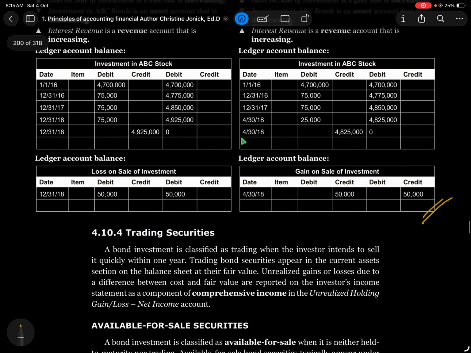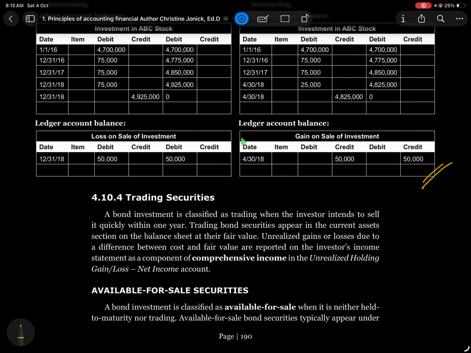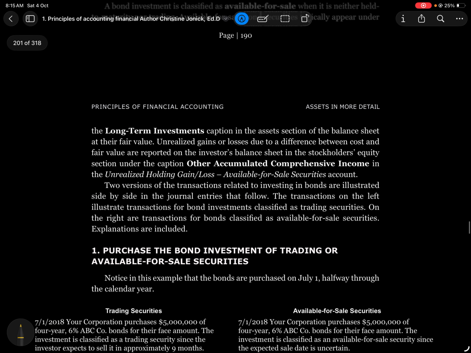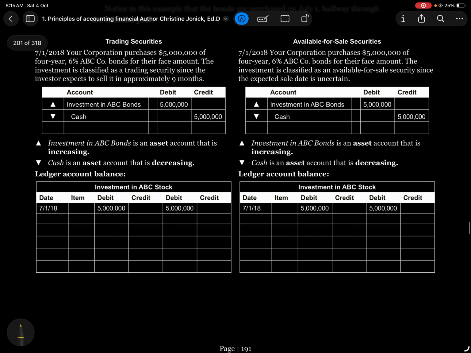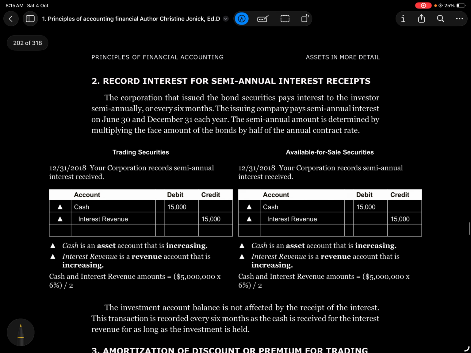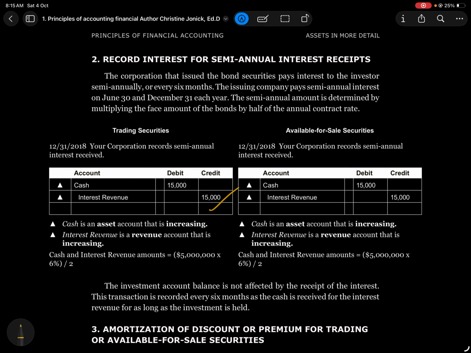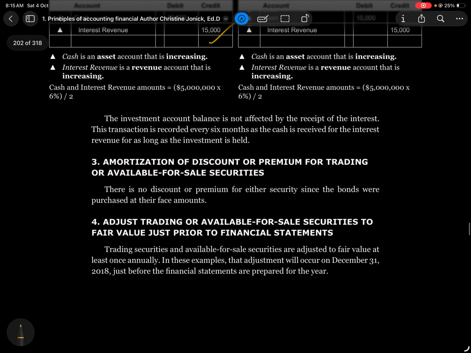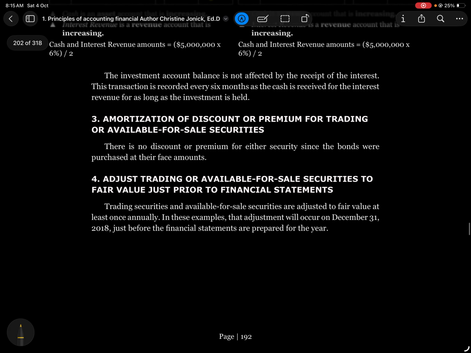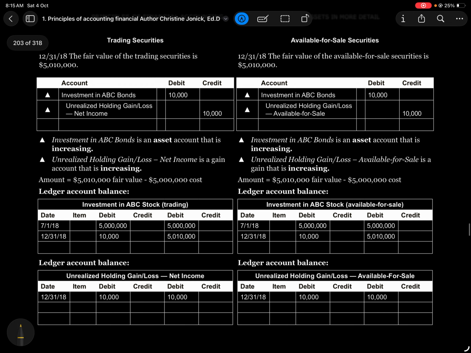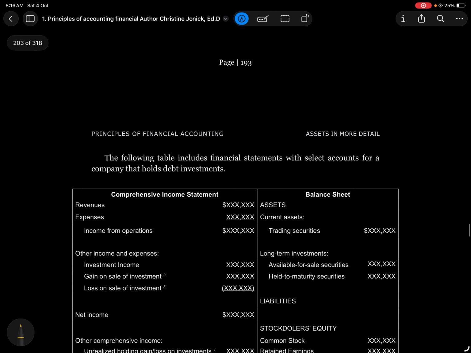That's it. So whenever we are trading any securities, we would definitely recognize any unrealized gains or losses, right? So if there is any revenue we receive, we definitely have to recognize that, right? And there will be amortizations that will happen, right? So when our stake increases, of course, we will adjust for the fair value, right? And credit your unrealized gain or loss account, right?